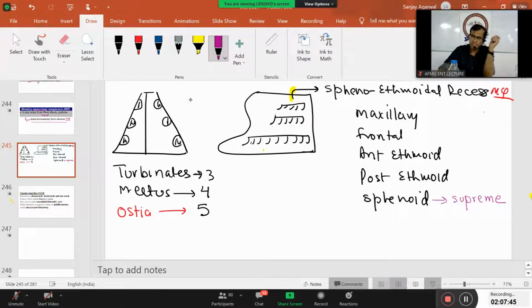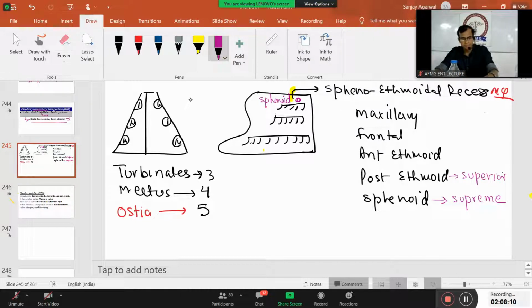If you look at the image here, this is the ostia of sphenoid, in the supreme meatus. And where is the ostia of posterior ethmoid? Superior meatus.